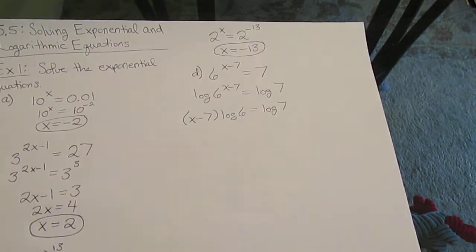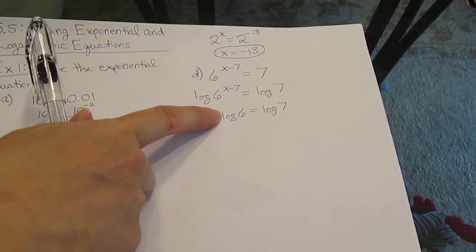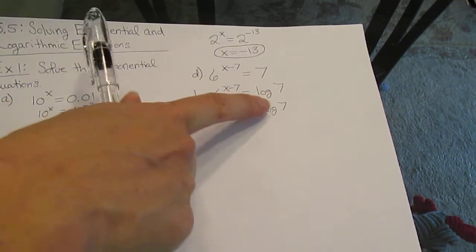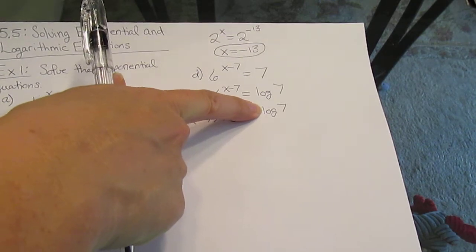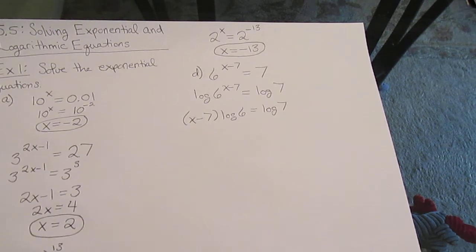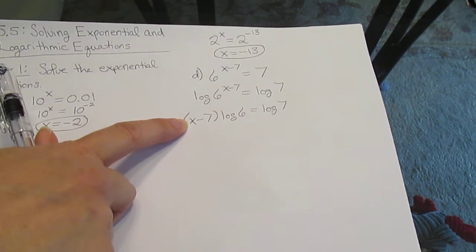Okay, and it looks more complicated than it is. Remember that log 6, you can just put that in your calculator and get a decimal. Log 7, you can put that in your calculator and get a decimal. So these are just numbers. I'm not going to put them into the calculator until the end to make sure I get the most exact answer possible, but just remember that they're numbers. Treat them as numbers. So we're trying to get x by itself.